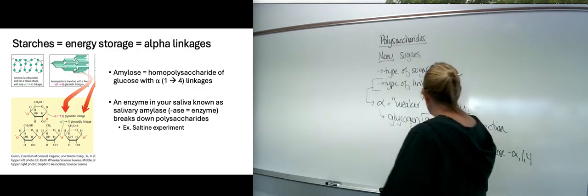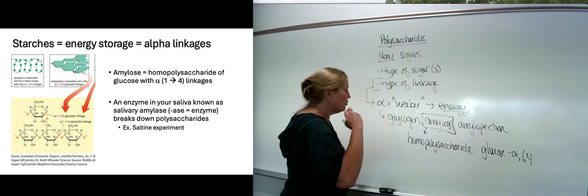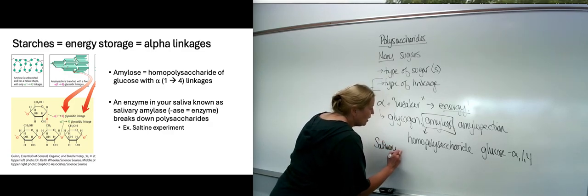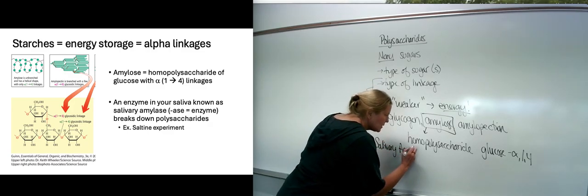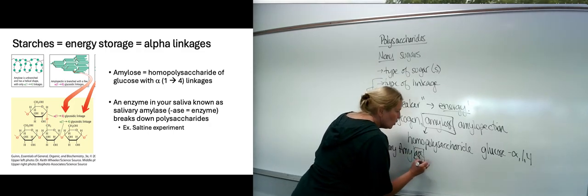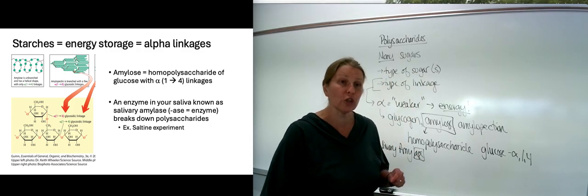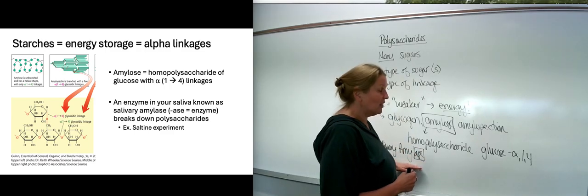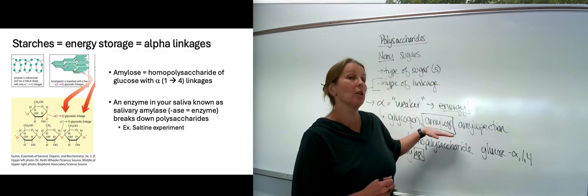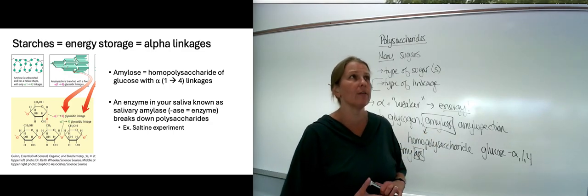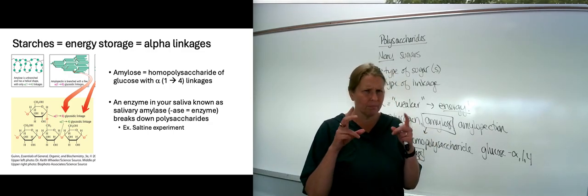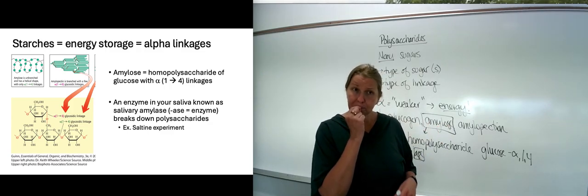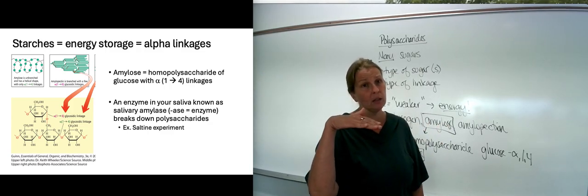If you've ever noticed, maybe you've heard of this before, there's an enzyme, which we'll talk about in chapter 16, called salivary amylase. You notice when we say ose for sugars, ase is for enzymes. So salivary amylase is an enzyme that breaks down amylose. If you've ever tried the saltine cracker challenge, you take a bit of that saltine and put it on your tongue and leave it there, and it'll turn from salty to sweet.